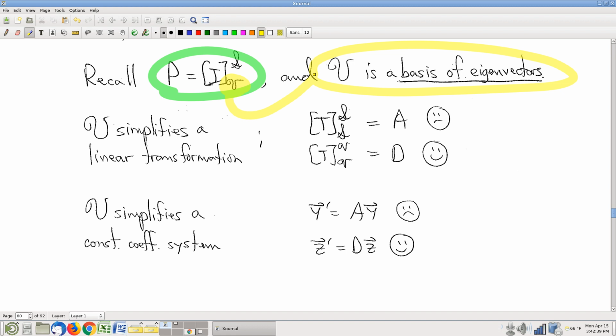So ultimately then, in the same way that eigenvectors allowed us to find a simpler way to understand linear transformations, likewise, eigenvectors have allowed us to take a simpler point of view on a diagonalizable constant coefficient first order system of differential equations, right? So eigenvectors make a lot of things better. Okay, how are we doing? Quick pause.